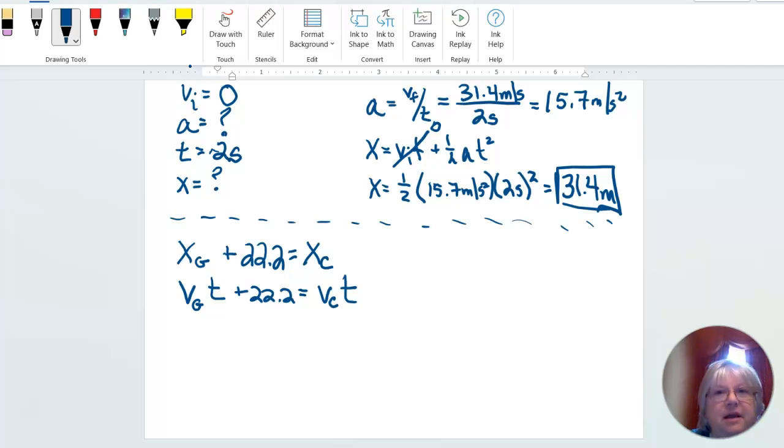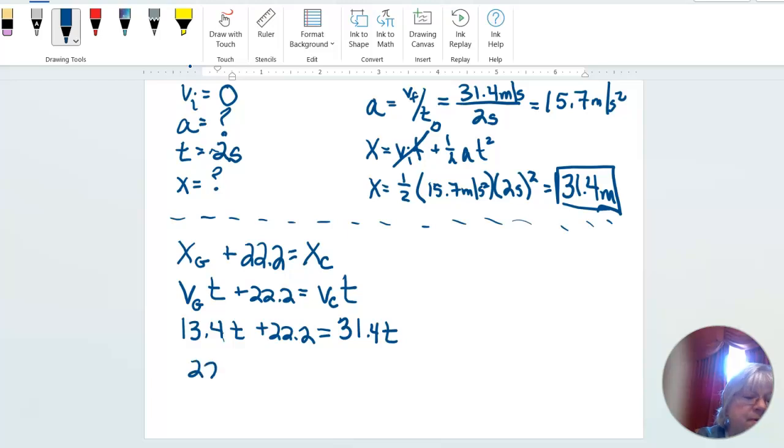How do I know they're the same? Because the cheetah catches it. If it catches it, they've been running for the same amount of time at that point. So my gazelle runs at 13.4 times t plus 22.2. My cheetah runs at 31.4 times however long that time is.